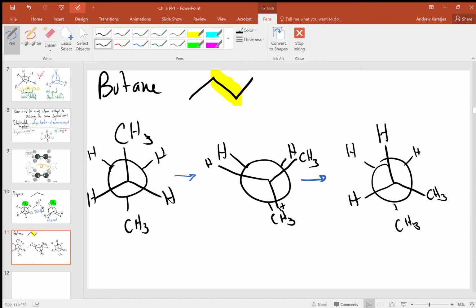Why is that? Well, look at the relationship of the two methyl groups. You'll see in the first structure, the two methyl groups are completely opposite each other, while now they're next to each other.